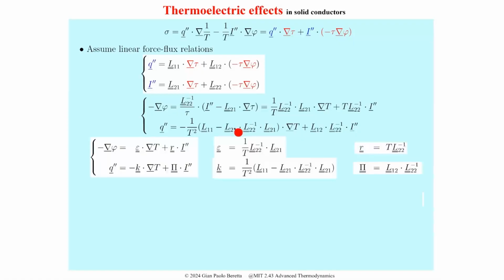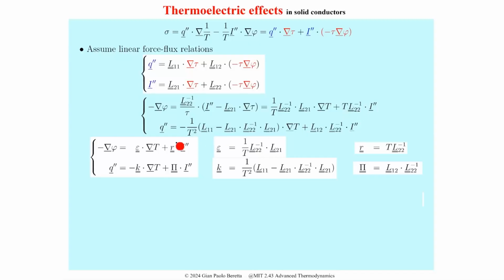Okay, so, and then finally, instead of carrying all these names with the L's, we just give different names. So the term that multiplies in this equation the gradient in temperature, we call it epsilon, and that's called the Seebeck coefficient.